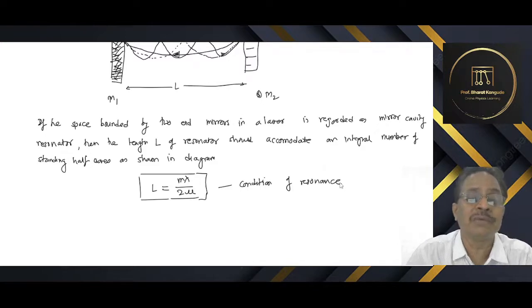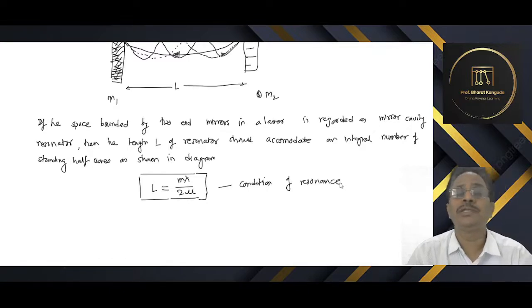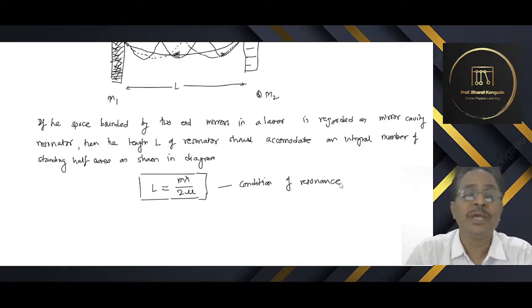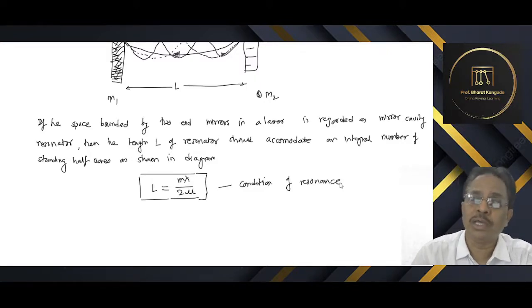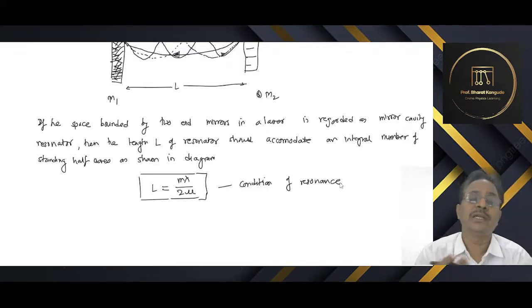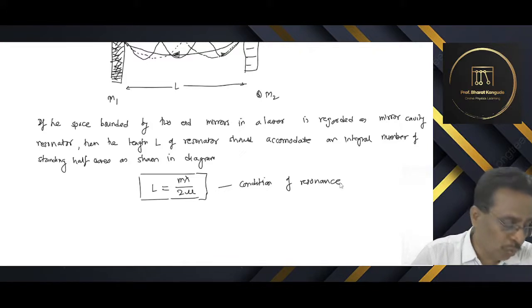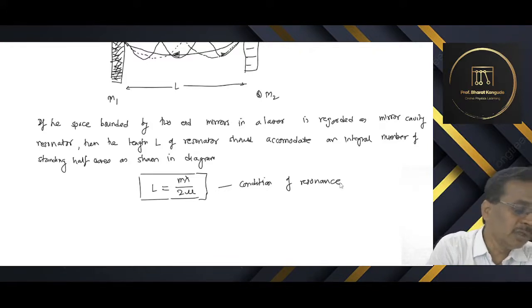If m comes out as a fraction, that means these three values L, mu, and lambda are such that the resonance condition is not satisfied. Hence, even though there is a lasing action, there won't be a good output in a laser. So to have a stable, steady, good output from a laser, every time in every laser, this condition L is equal to m lambda upon 2 mu has to be satisfied, which is called the condition for the resonance.